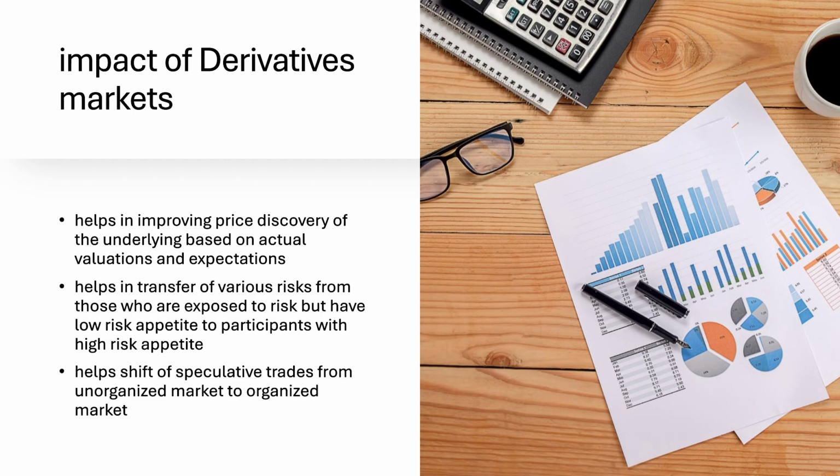It is a kind of hedging: it can prevent losses or prevent loss of profit. This is why derivatives are very important. It also helps shift speculative trades from the unorganized market, that is over the counter, to the organized exchange market.